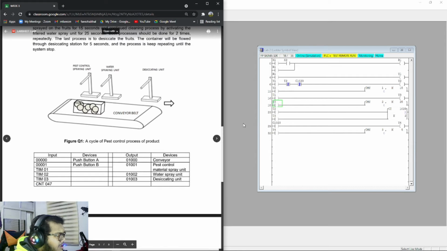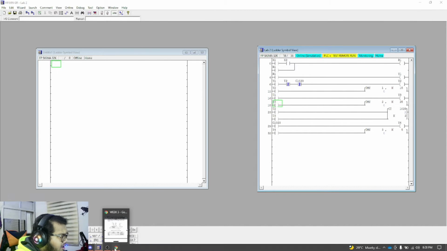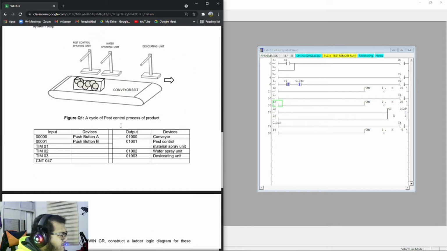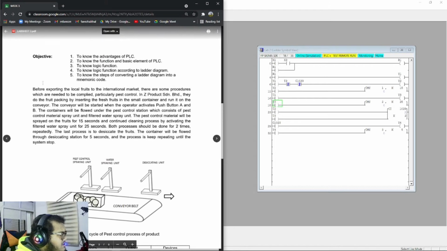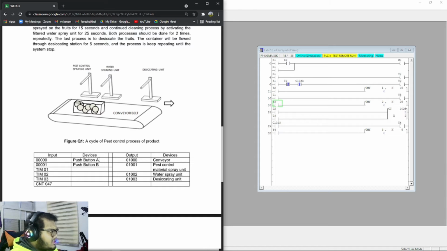I will explain what I have done for this ladder diagram and how I made it on the new page. For the first part, the question provides in the text that there are 2 push buttons, A and B.